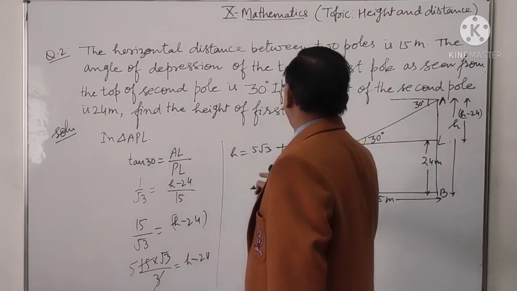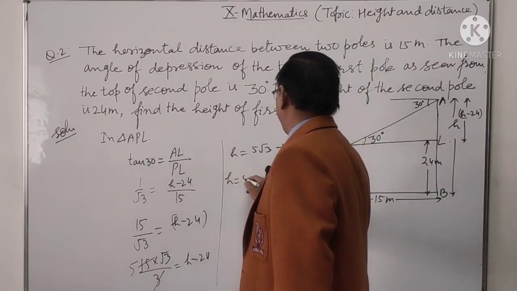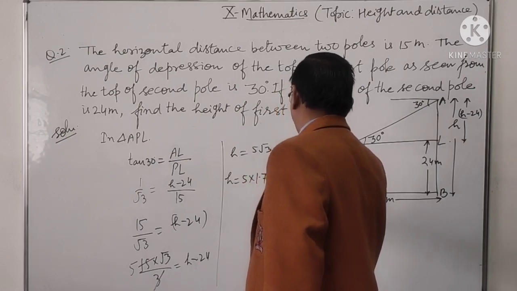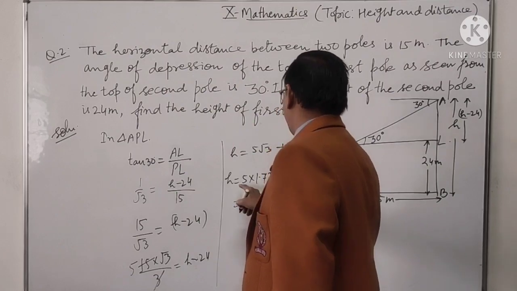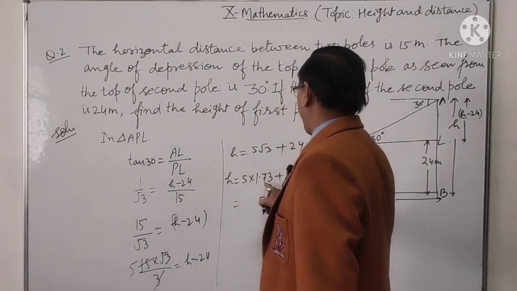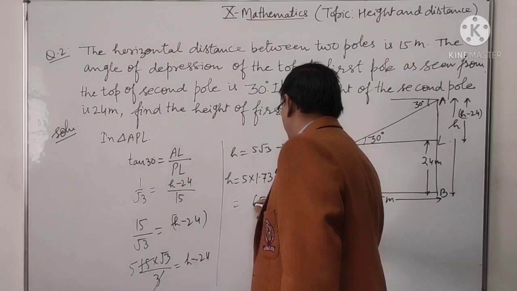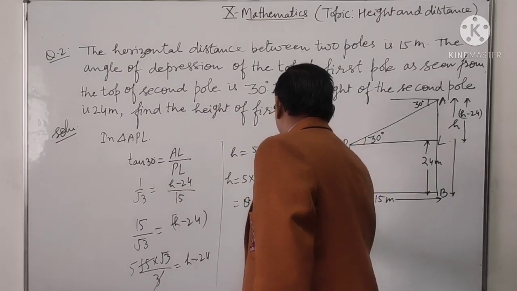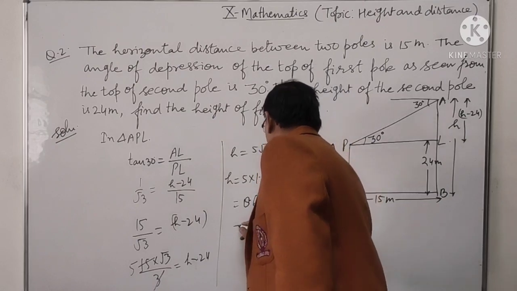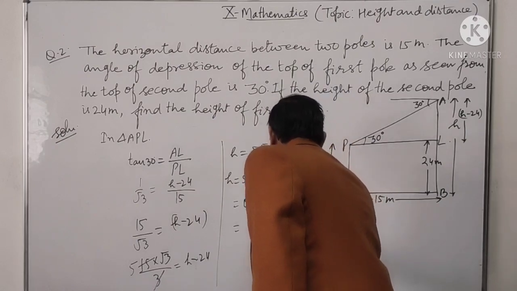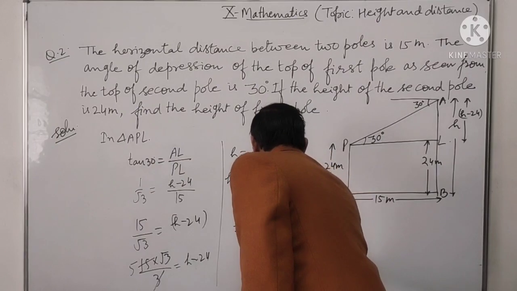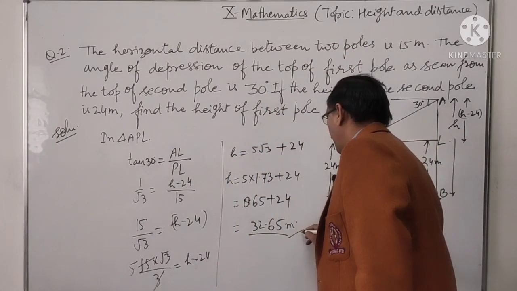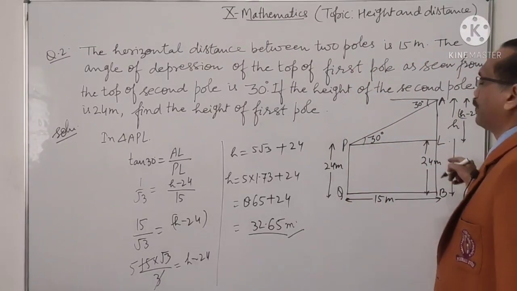If we put the value of root 3 as 1.73, 5 times 1.73 is 8.65, plus 24, so it is 32.65 meters. It is the height of the first pole.